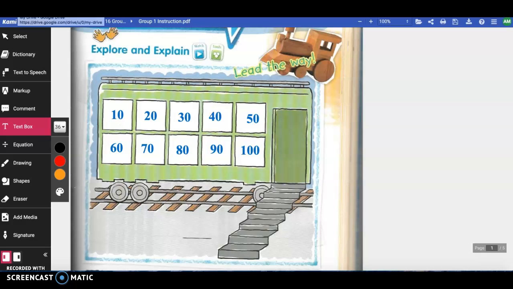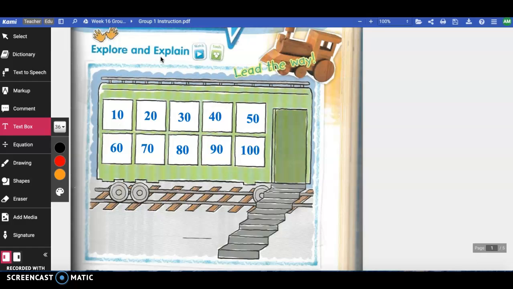All right, now we are moving on to bookwork. So the first thing that I want you all to do is go ahead and have your teacher pause the video and first count by tens together. Then each of you will have one turn to share out how you count by tens. So let me go ahead and show you one time.